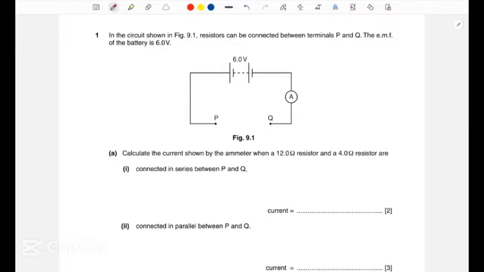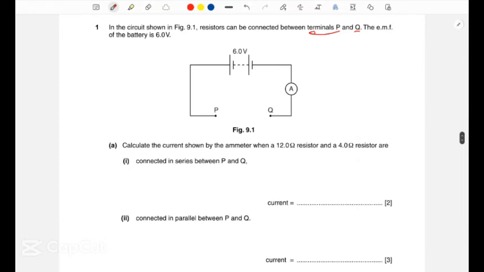In the circuit shown, figure 9.1, resistors can be connected between terminals P and Q. The EMF of the battery is 6 volts. Calculate the current shown by the ammeter when a 12 ohm resistor and a 4 ohm resistor are connected in series between P and Q. Since these resistors are connected in series, the total resistance is going to be 12 plus 4, which would give 16 ohms, and current is equal to V over R, so it's going to be 6 volts over 16.